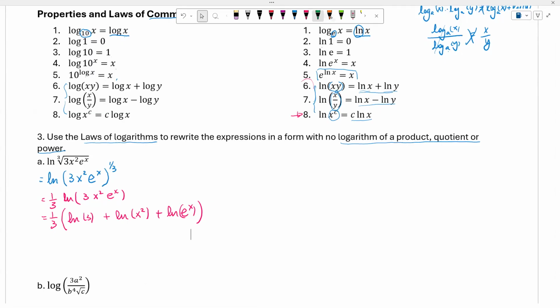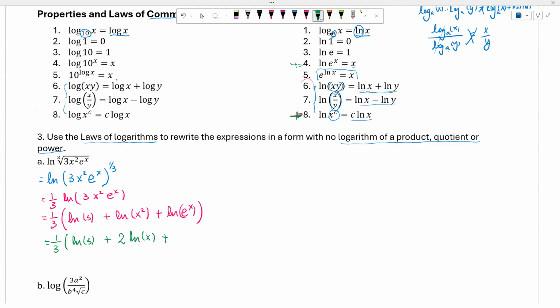And then natural log of 3, we cannot do anything. But natural log of x squared is number 8 again, so we could bring down the 2. We write this as 2 times natural log of x, and then plus natural log of e to the x. Natural log of e to the x is x.